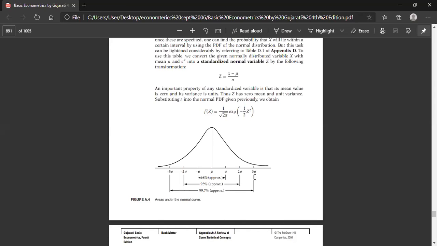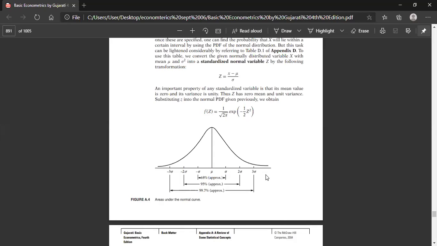If you get a different sigma, the curve changes, and you get different probabilities for different ranges. Because normality depends on only mu and sigma square, a different set of mu and sigma square gives a different density function, a different density curve, and different probabilities for 2 different values, 2 different areas. That's the problem.